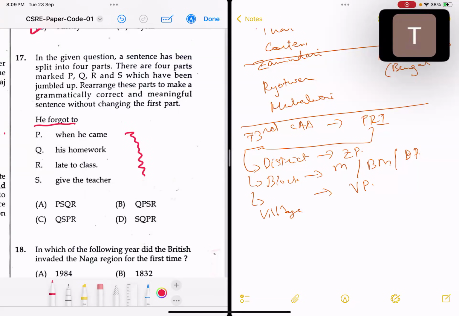So we have to just arrange it in such a way that a sentence gives the required meaning, okay? So if you just do a trial and error method, you will see that he forgot to give the teacher, right, his homework when he came late to class, right? So the correct option will be SQPR, which is for D.